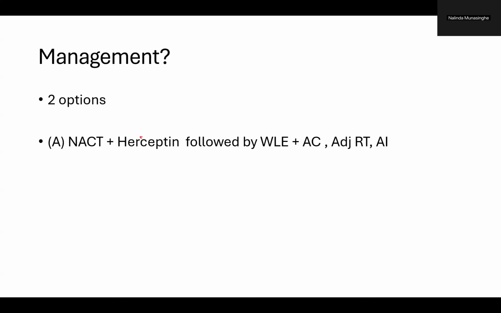In your question paper, you will get trastuzumab. That is the generic name of the targeted therapy for HER2 positive patients, which can be followed with a wide local excision, axillary clearance because the lymph nodes were involved, and followed with radiotherapy and aromatase inhibitors. That's a good option.